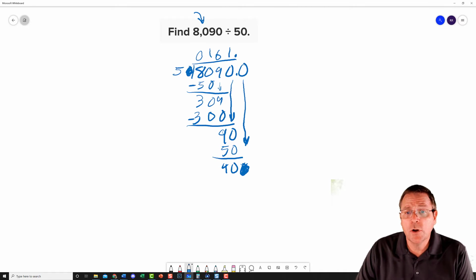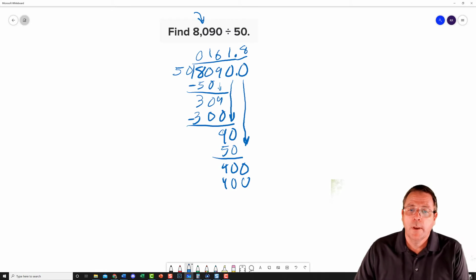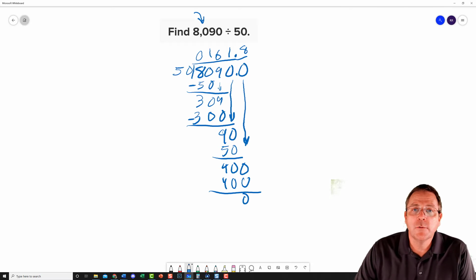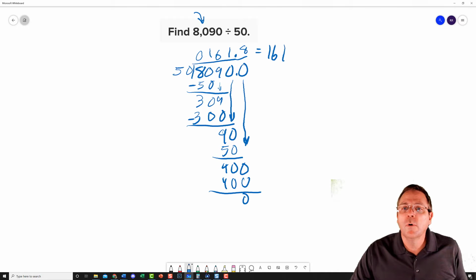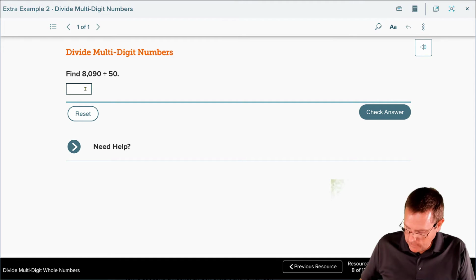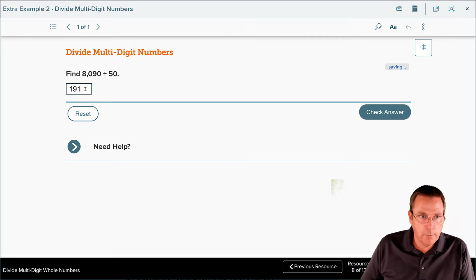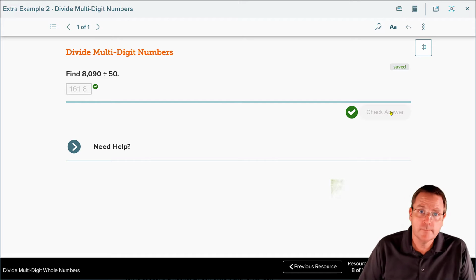That one you should know is 8, so we're going to plug in an 8 up here. 8 times 50 is 400, and when you subtract that out, you get 0 left over, so our answer is 161.8 for your final answer. Easy math. Now we're going to test our answer. 161.8. Hit check answer, and our answer checks.